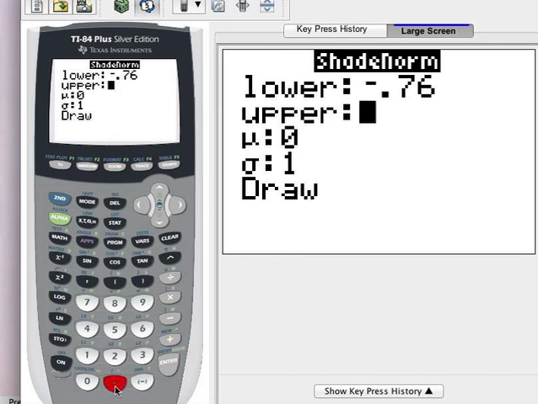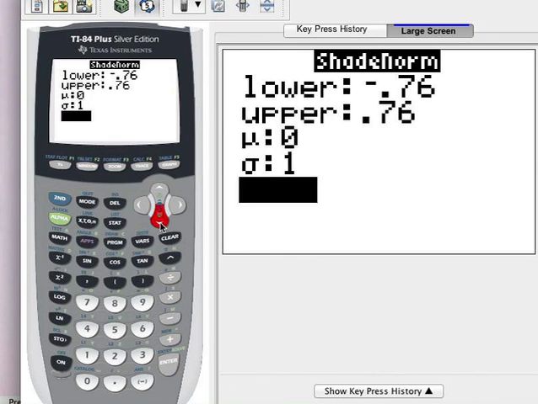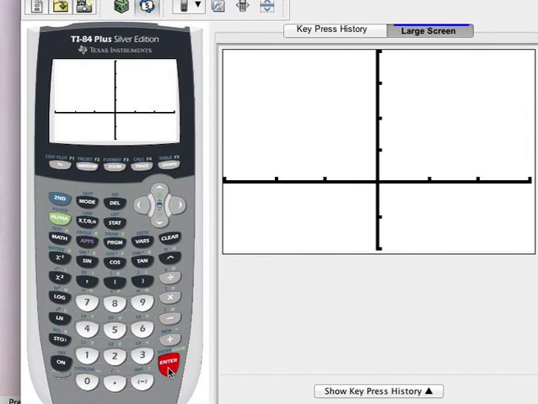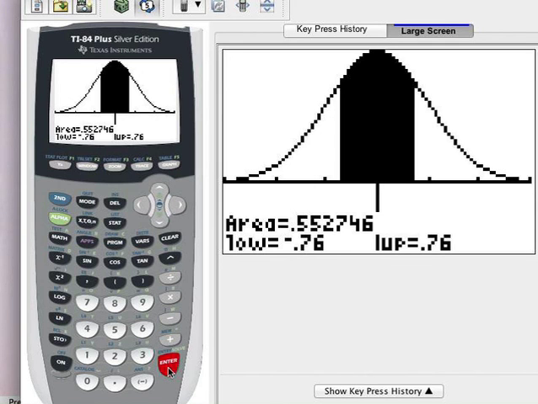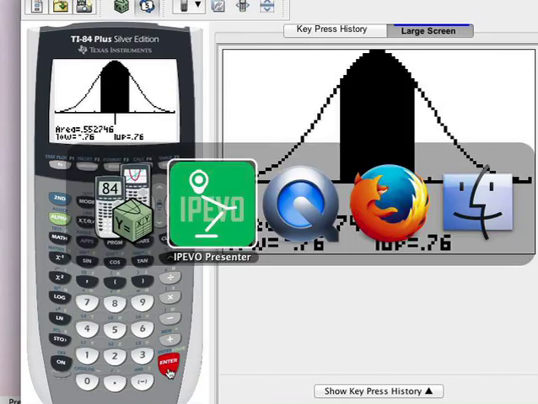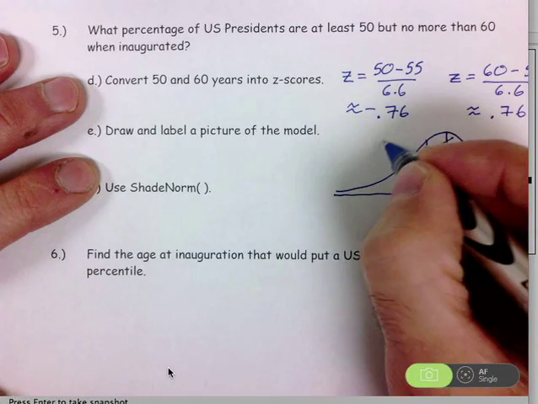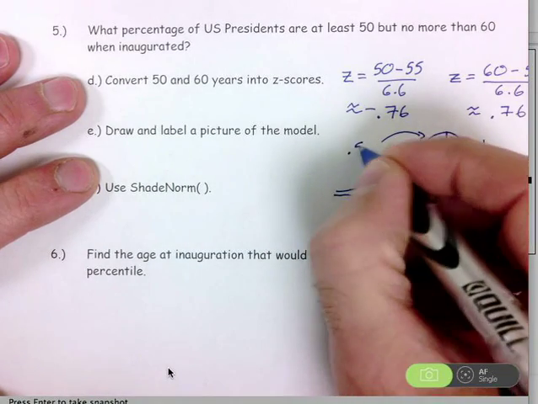The positive 0.76 is my upper boundary. Again, don't change the mean or the standard deviation. Those are the correct ones for using z-scores. Your picture on the screen should look similar to the picture that you have drawn, labeled with the lower boundary and the upper boundary. Here, the area is about 0.553, so that's about 55.3% of presidents. You should go back and label your drawing: this area is about 0.553.